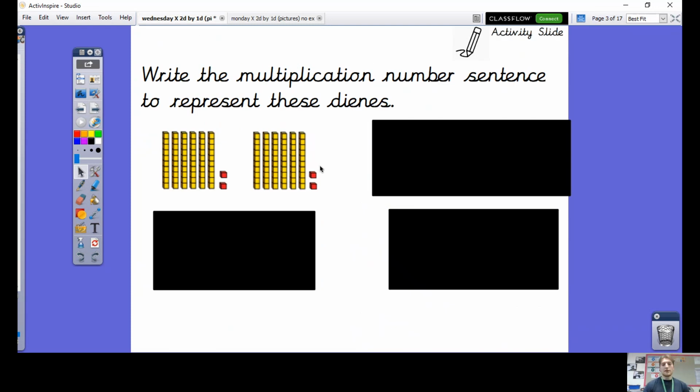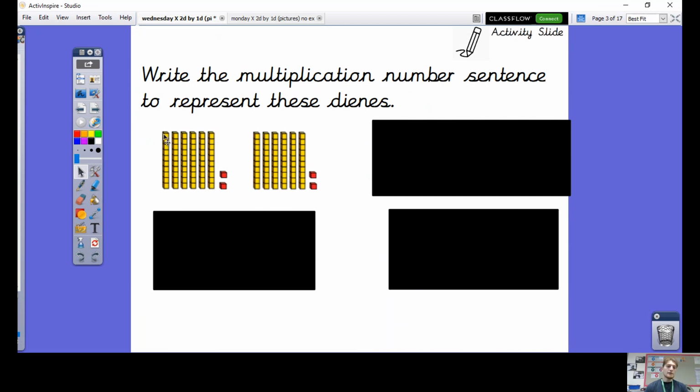Great, so this is an activity slide, but I'm just going to explain what we need to do first. I'm going to model one, and then I'm going to give you one to do. Okay, so pencils down just for now, and then I'll tell you when to pick them up again. So, using the Deans here, I need to write the multiplication number sentence to represent these, okay? So I'm going to look at the amount of groups that I've got, and then the amount in each group, okay?